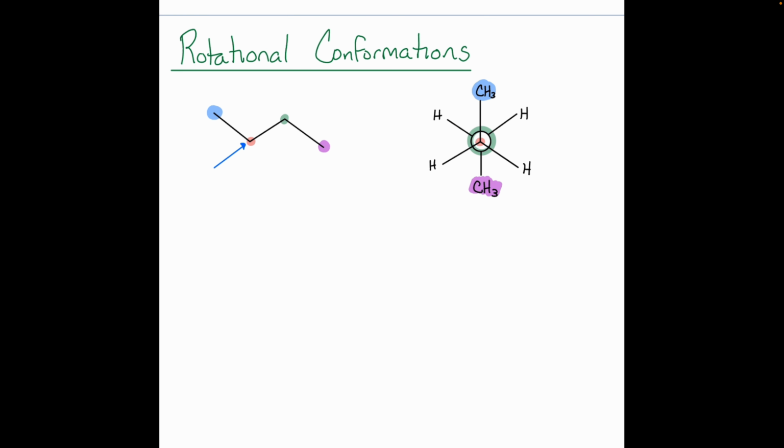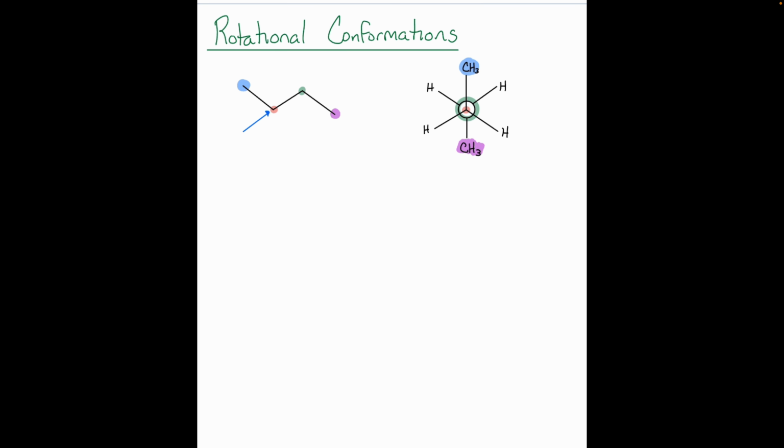Okay, so what we're going to do is we're going to make a big graph here where we're going to take our Newman projection. I'm going to need some space, so I'm going to shrink it on down.